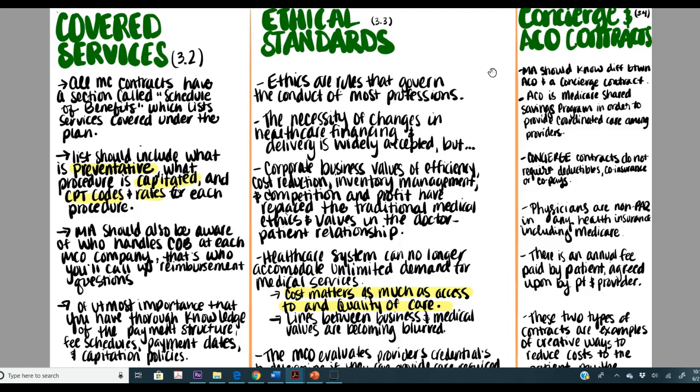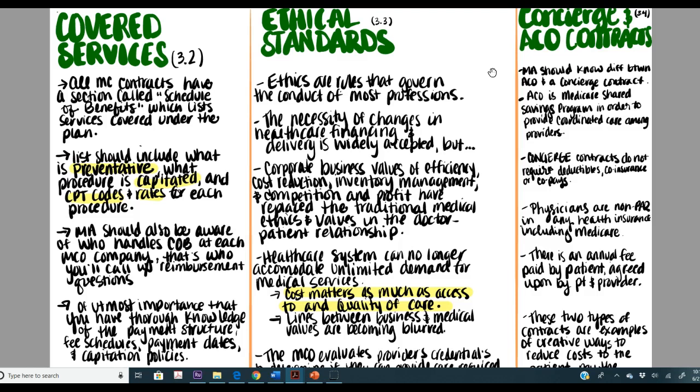Years ago, the doctor-patient relationship was based on providing care and holistic and humanistic interactions, and there wasn't a lot of thought behind cost reduction and inventory management and profitability between the patient and doctor relationship. And unfortunately, these corporate business values have come in and taken hold, and now those are forefront and center in the healthcare system.